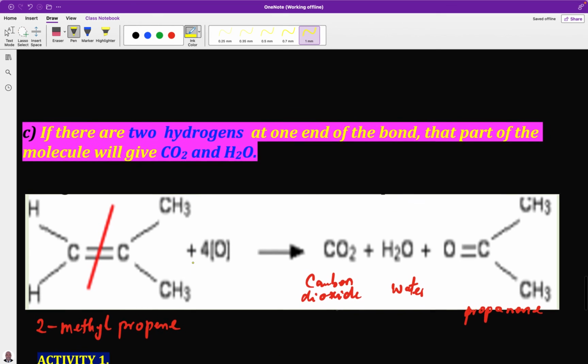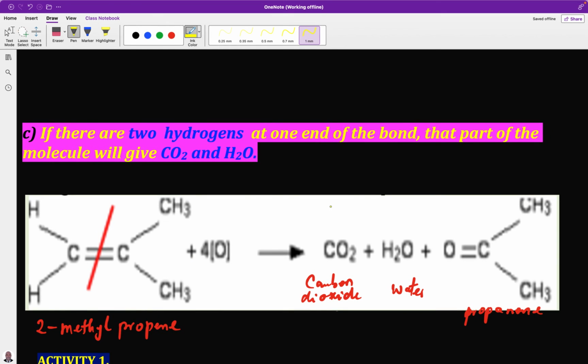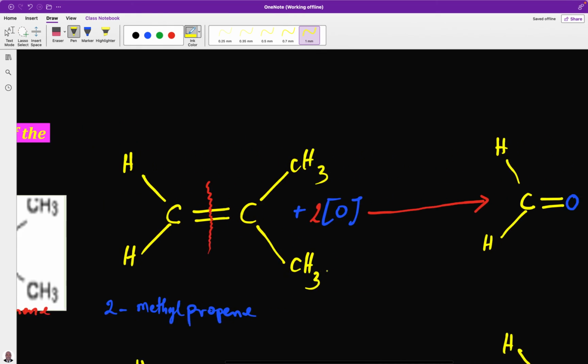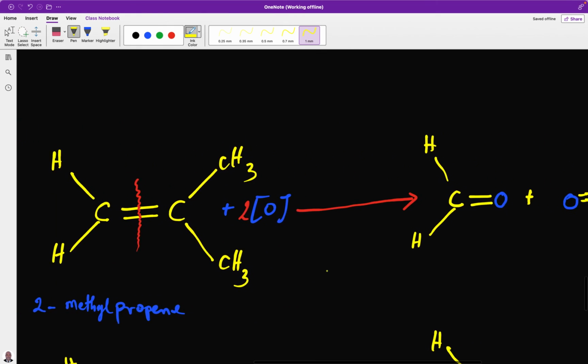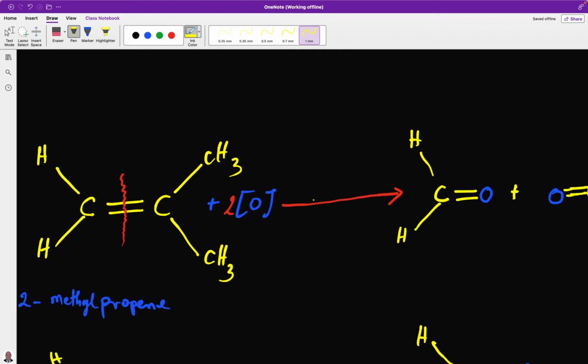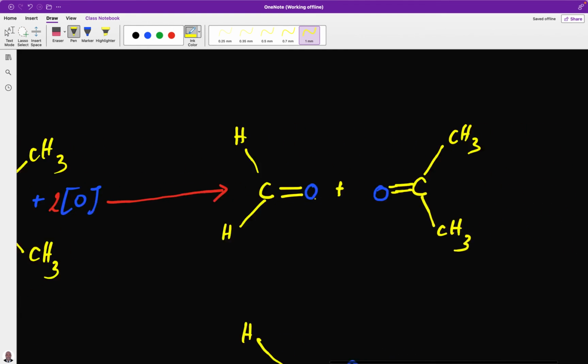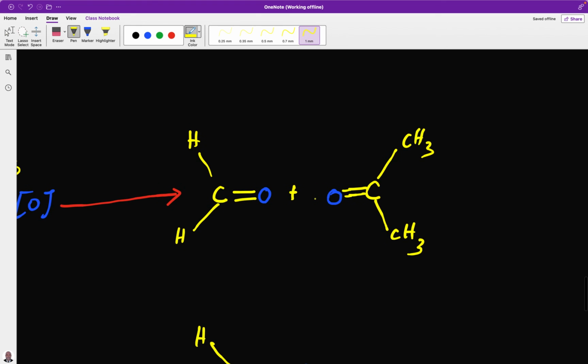You might not understand how this has come to be carbon dioxide and water, so I went further to show how it happened.